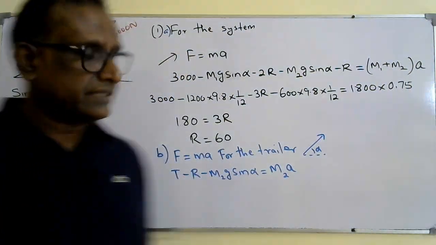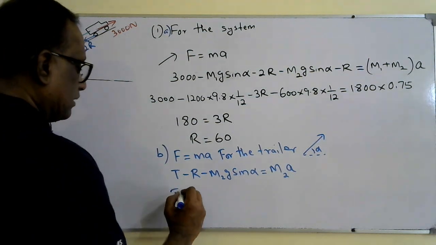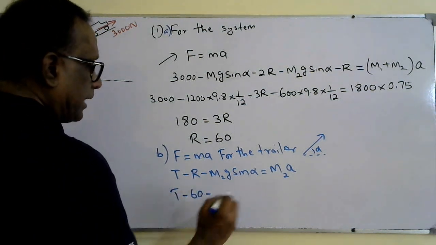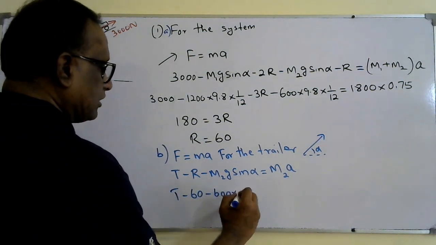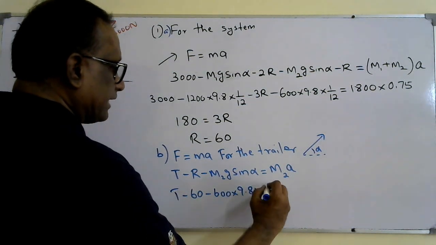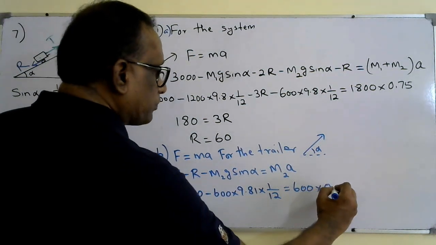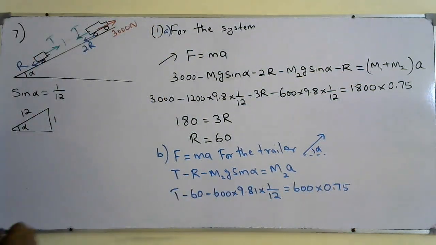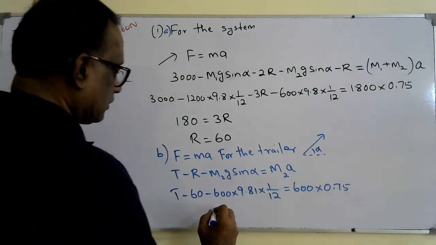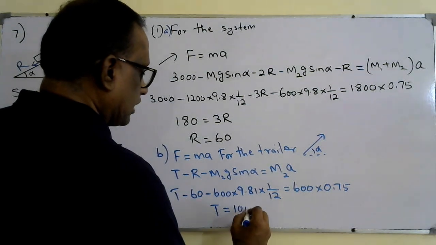So we know everything. Substitute: T minus 60 minus 600 into 9.81 sine alpha, 1/12, equal to 600 into 0.75. Solve it and get the T. So T is equal to 1000 Newton.